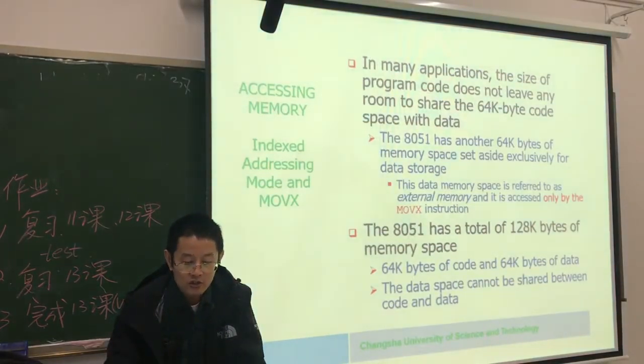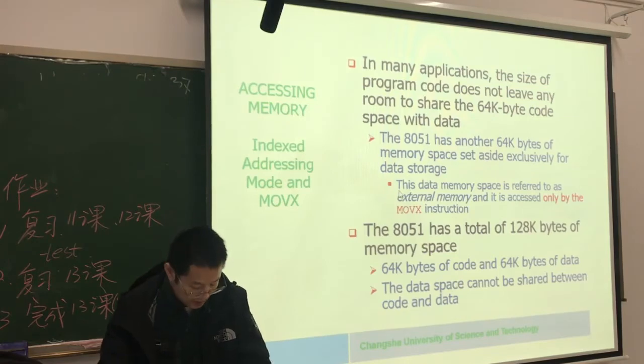In many applications, the size of program code does not leave any room to share the 64K byte code space with data. The 8051 has another 64K bytes of memory space set aside exclusively for data storage.